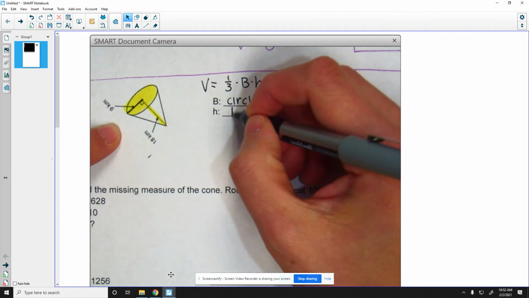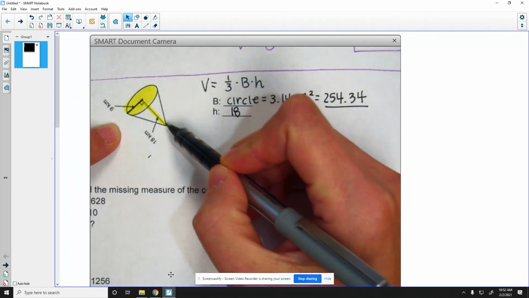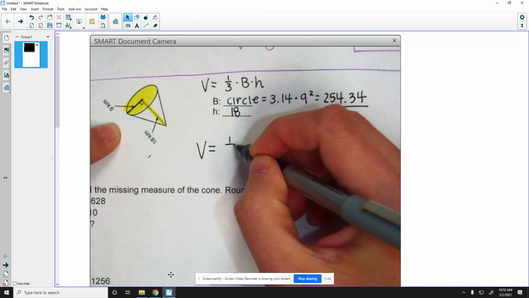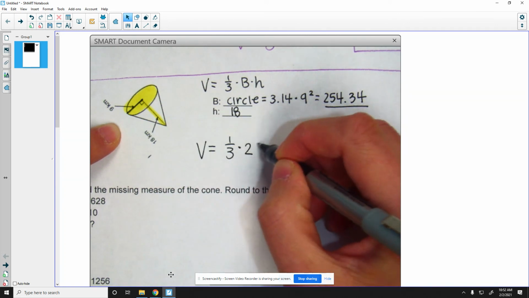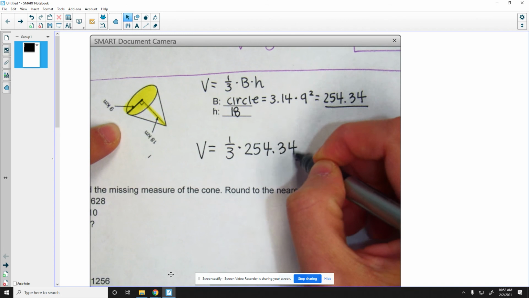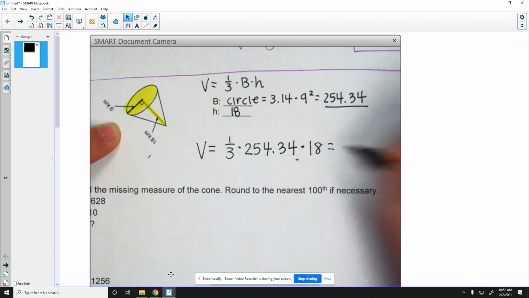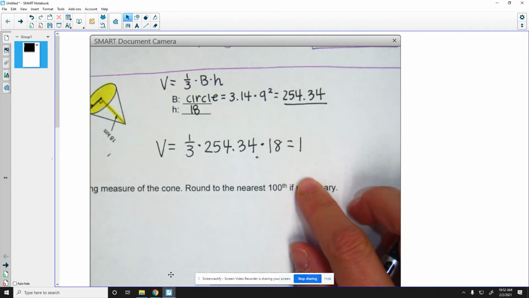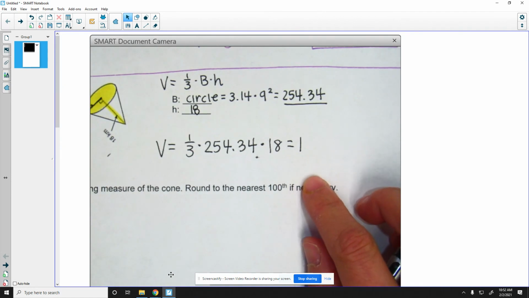It is 18, because remember, that's the number that just goes through the whole thing. So it's 18. So I'm done. Volume equals 1/3 times base, what Tyler said, times height, what Daniel said. I should get something in the 1000s. Maddie?